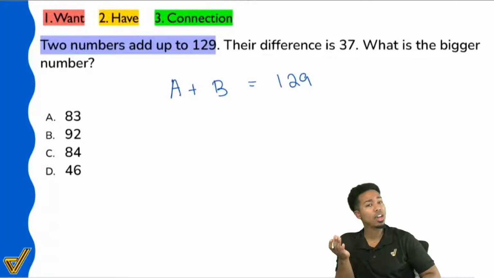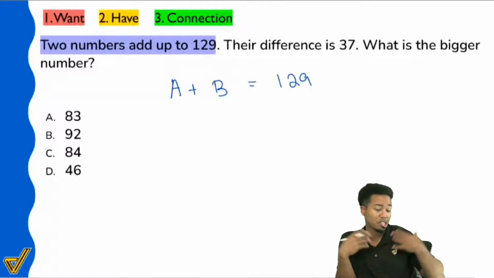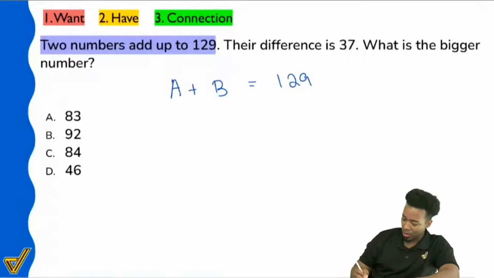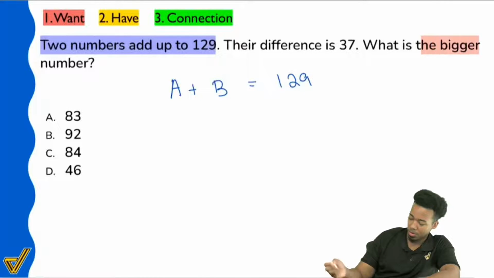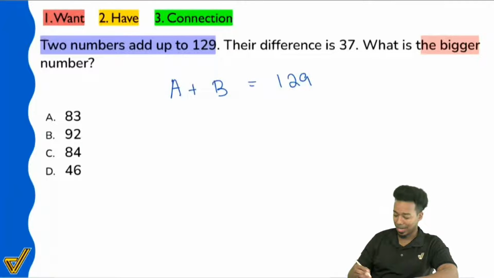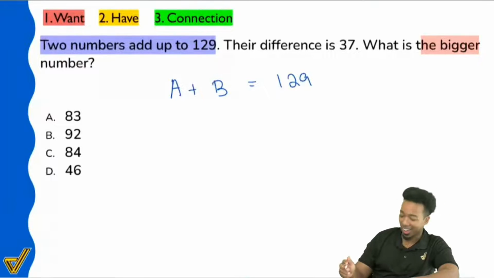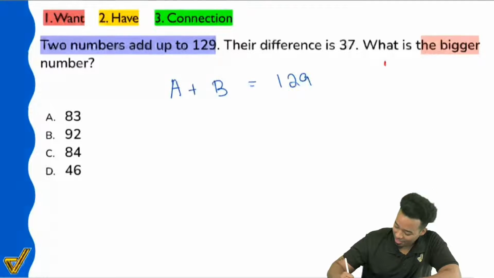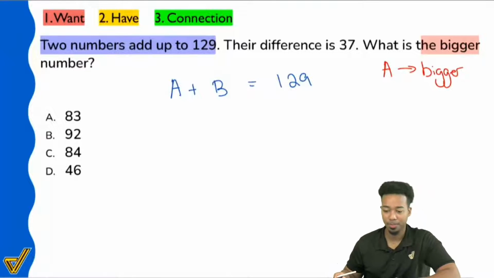We're going to be looking for A, which we're going to just say is the bigger number. And we see that right here. It says, what is the bigger number? So with that said, we're going to go ahead and say that A is the bigger number.